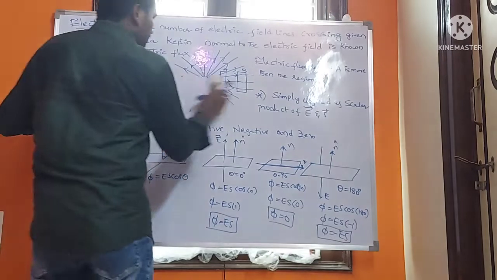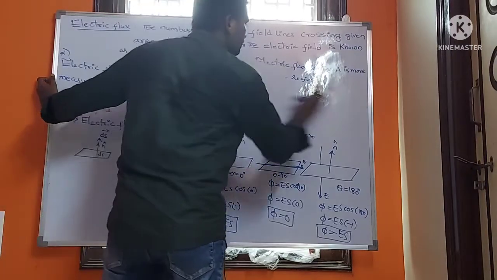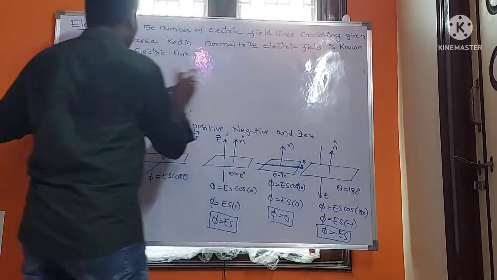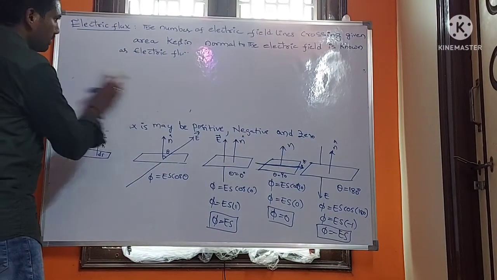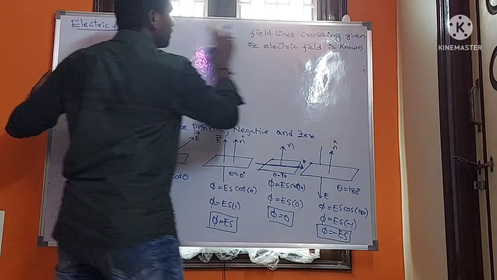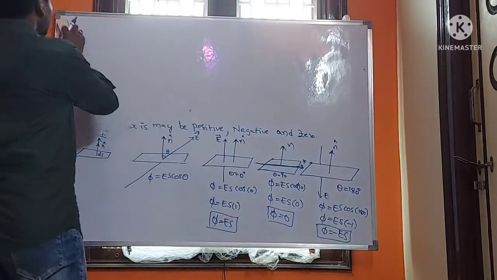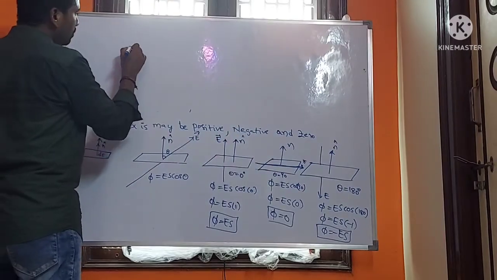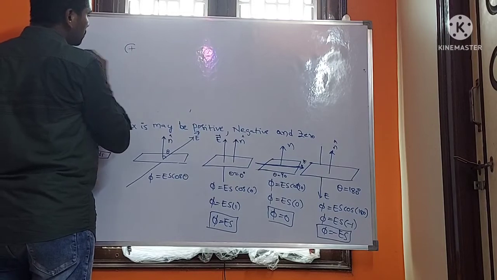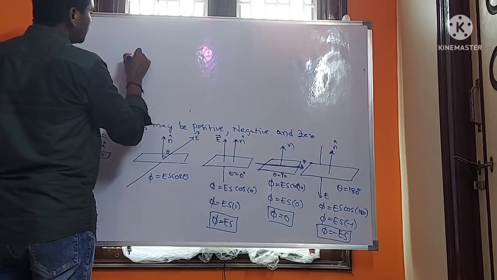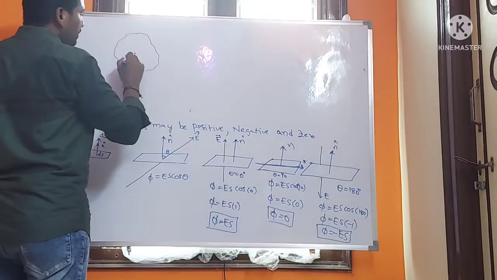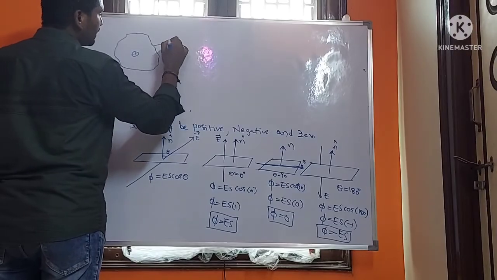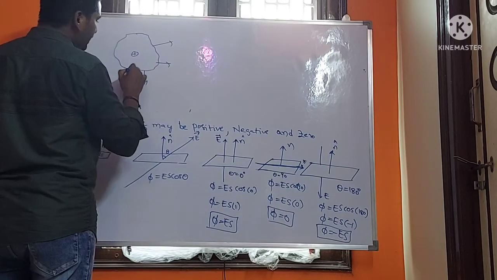Now next one. For example, in a closed surface, this is a positive charge inside the closed surface. For positive charges, the electric field is always in the outward direction.